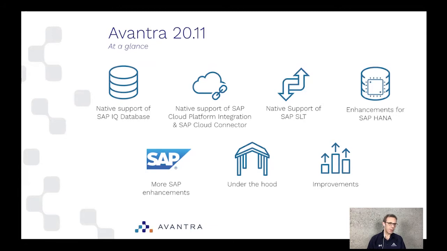Now, I'm just picking two of these many enhancements we're providing in 20.11. For example, you know that we have had start and stop automations for quite a while, but it was missing for SAP Business Objects. We've added this functionality now. SAP Business Object System can be automatically started and stopped from within Avantra as well.